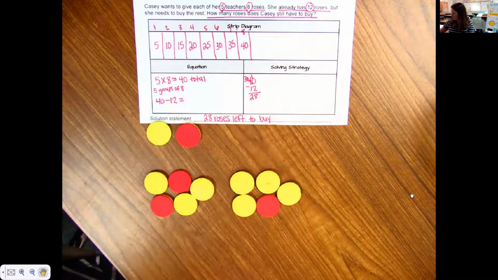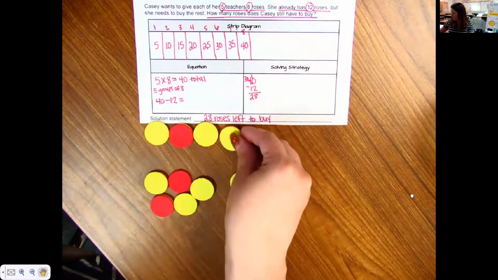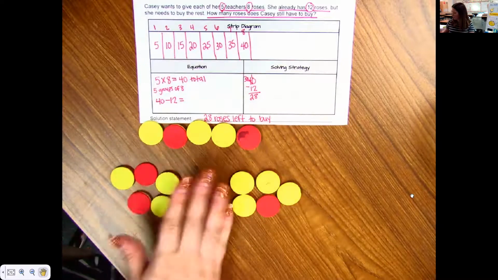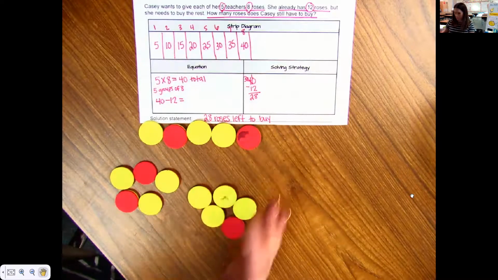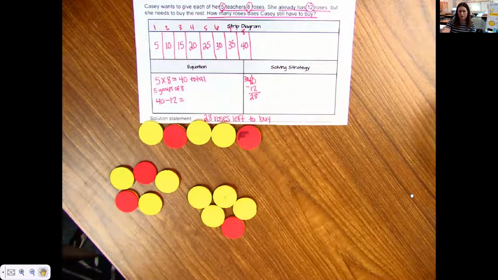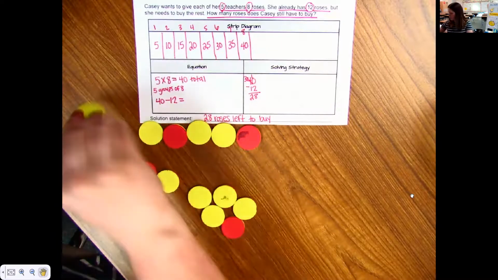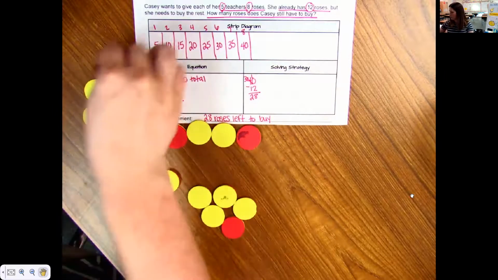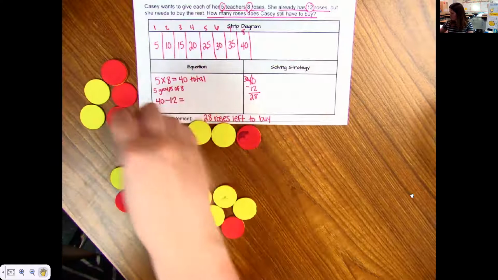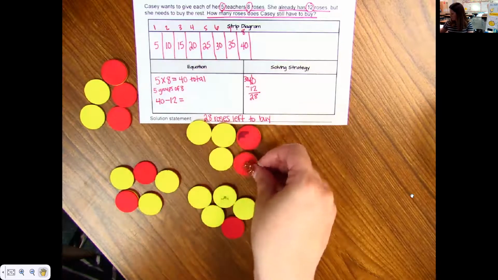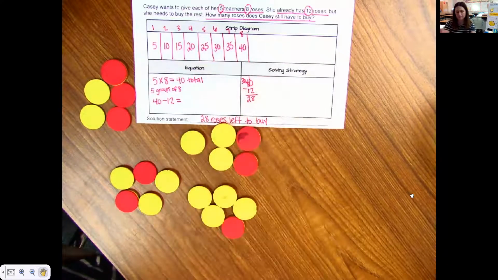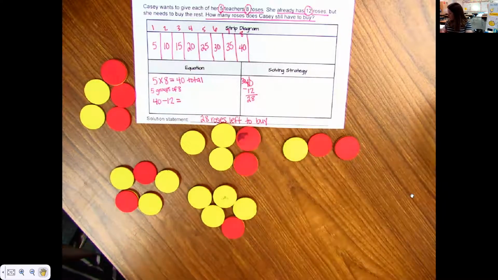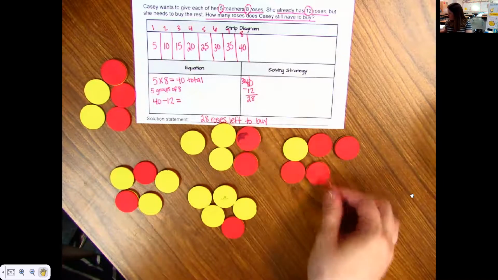One, 2, 3, 4, 5. So there's another group. I have 1, 2, 3, 4, 5. So I have 4 groups. 1, 2, 3, 4, 5.